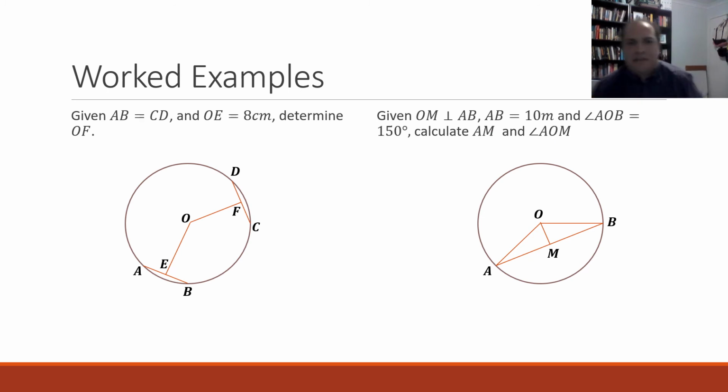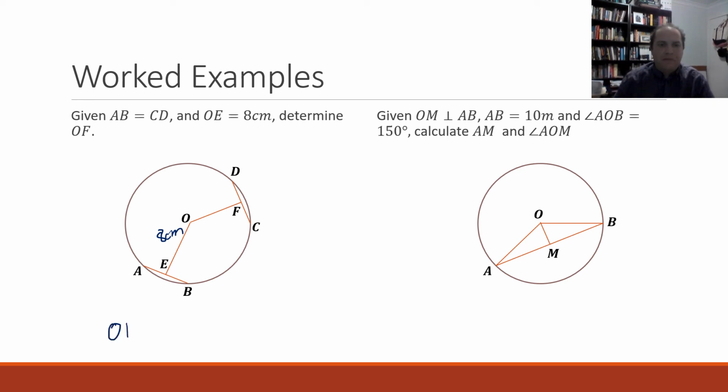All right, so let's do some examples using these. We've got AB equals CD, so that means our chords are equal. And we've got OE equals 8 centimeters. Determine OF.